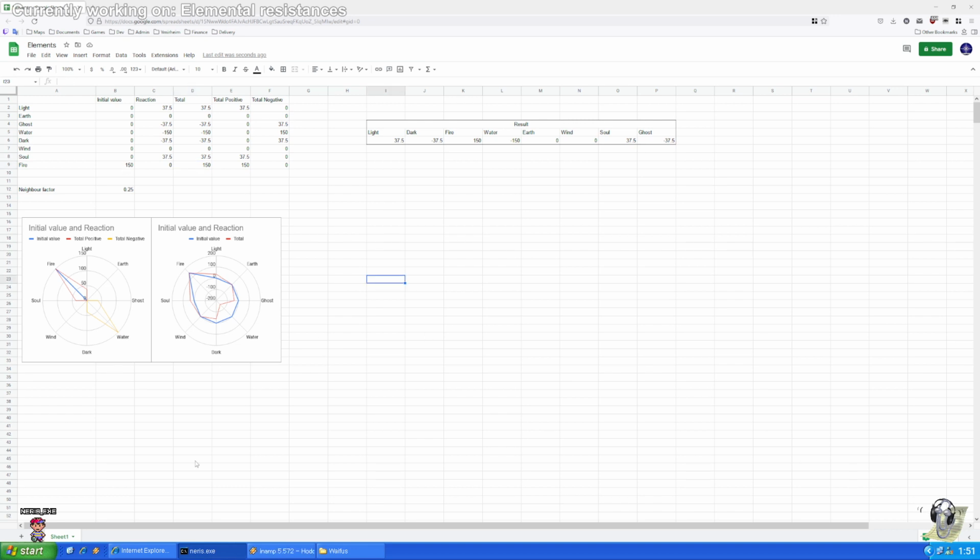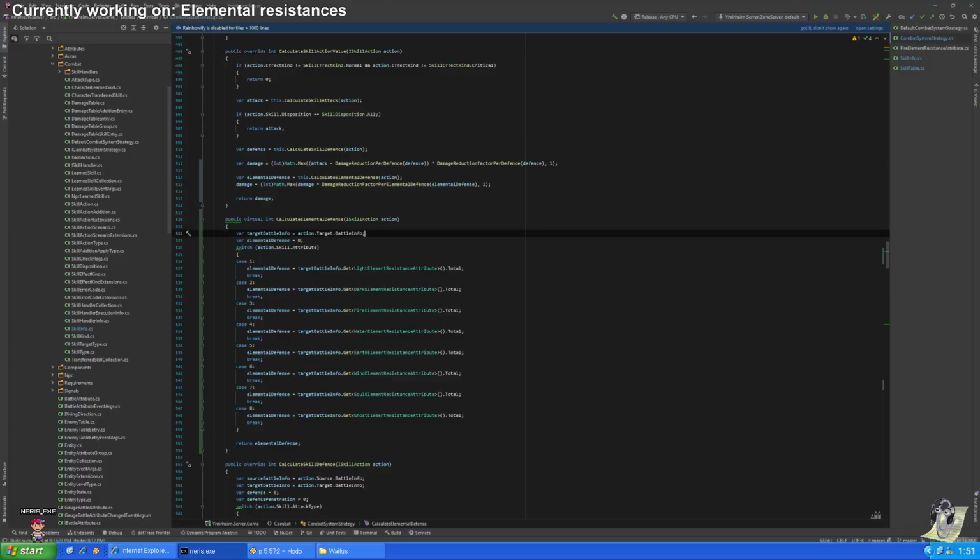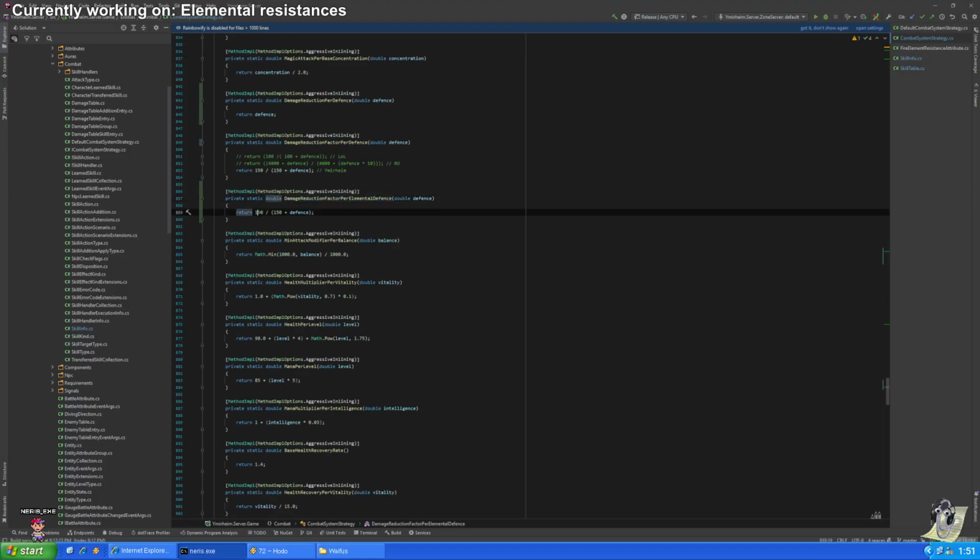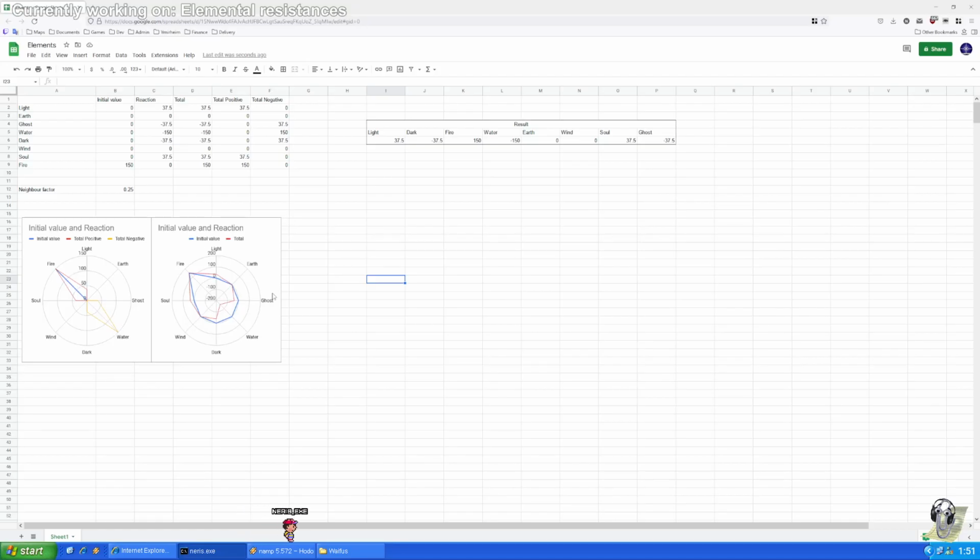Second. So where are the formulas? So it's 150. In addition to that, we have our flat bonuses to the resistances. Yes, okay. So for the monsters, 150 will decrease.